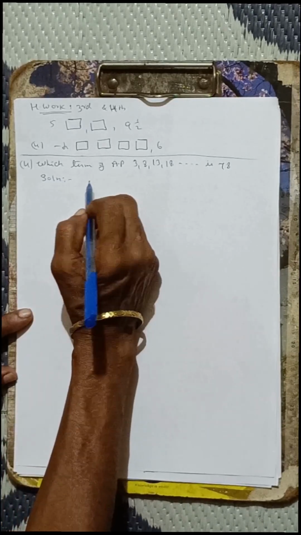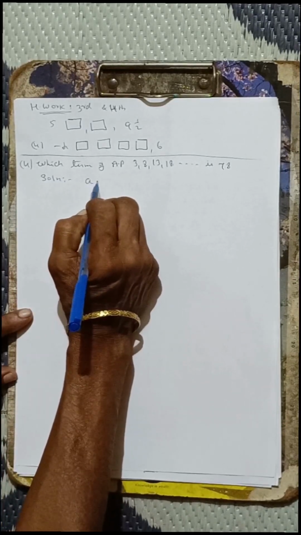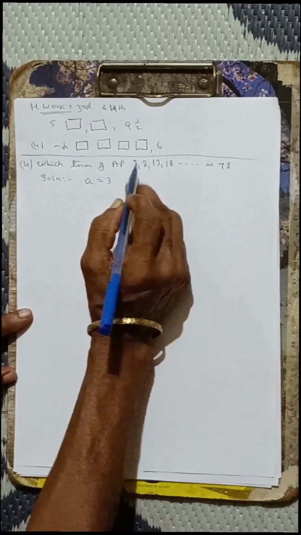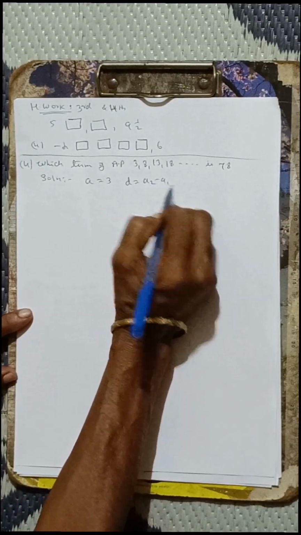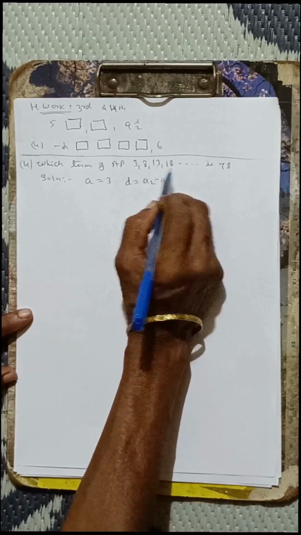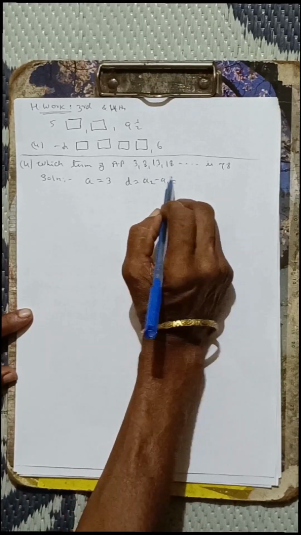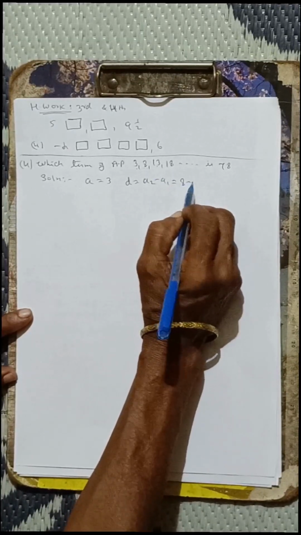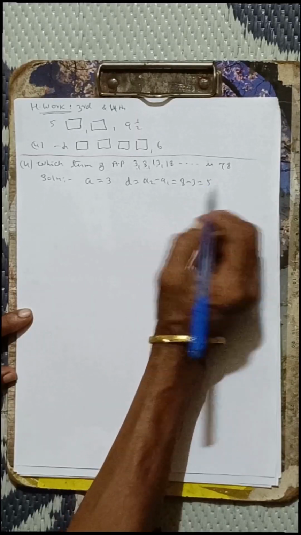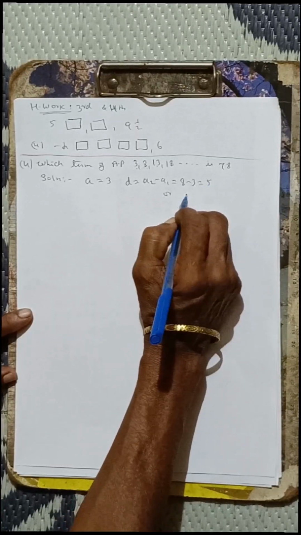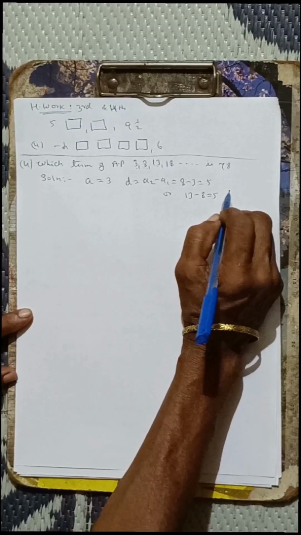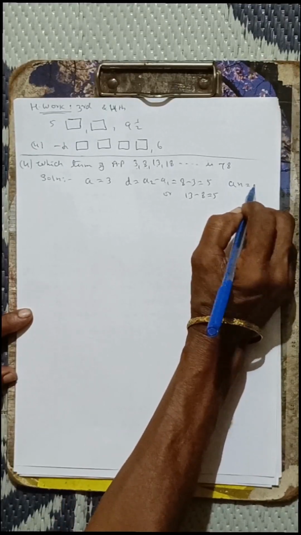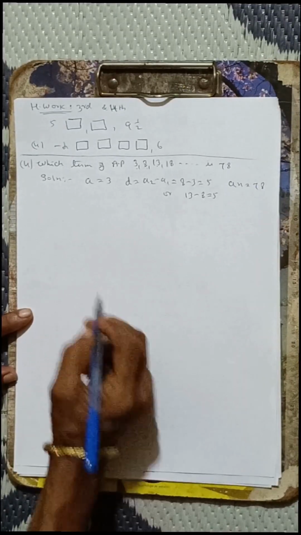First you write the given terms. A equal to first term, that is 3. Difference equal to A2 minus A1, A3 minus A2. That is 8 minus 3 equal to 5, or 13 minus 8 equal to 5. And the last term AN is 78.